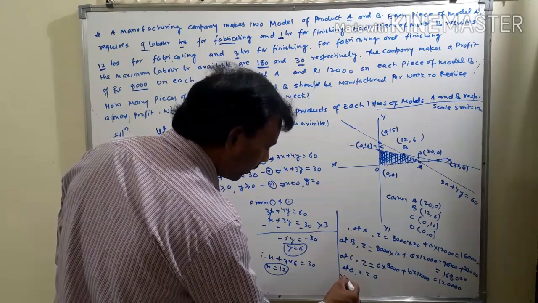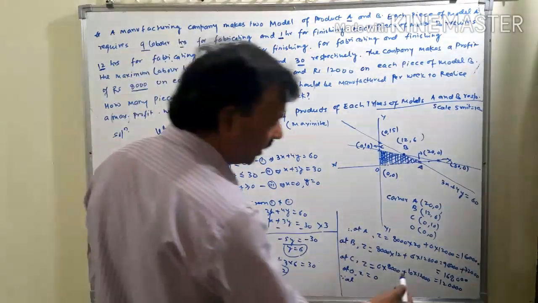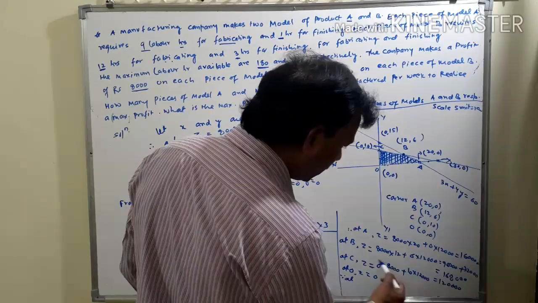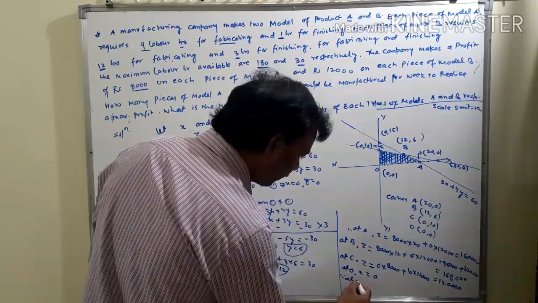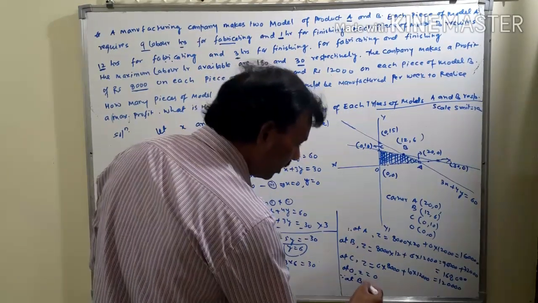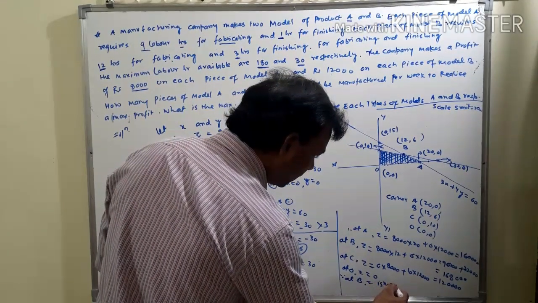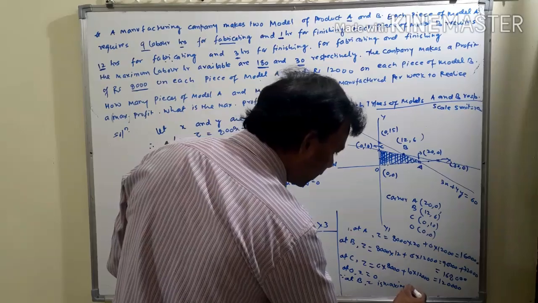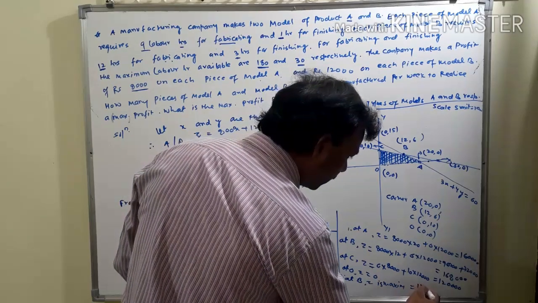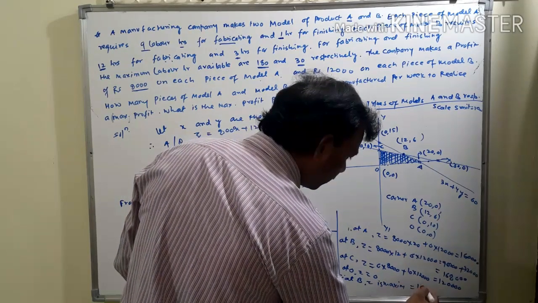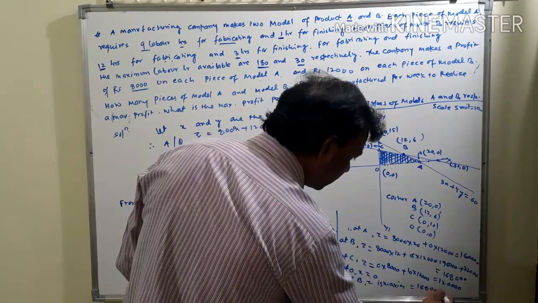Since you can see here, at B, z is maximum, equal to 1,68,000.